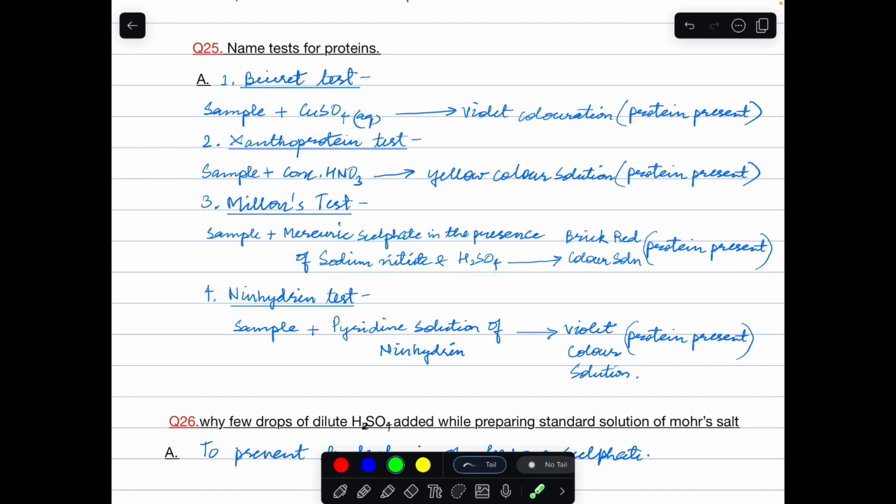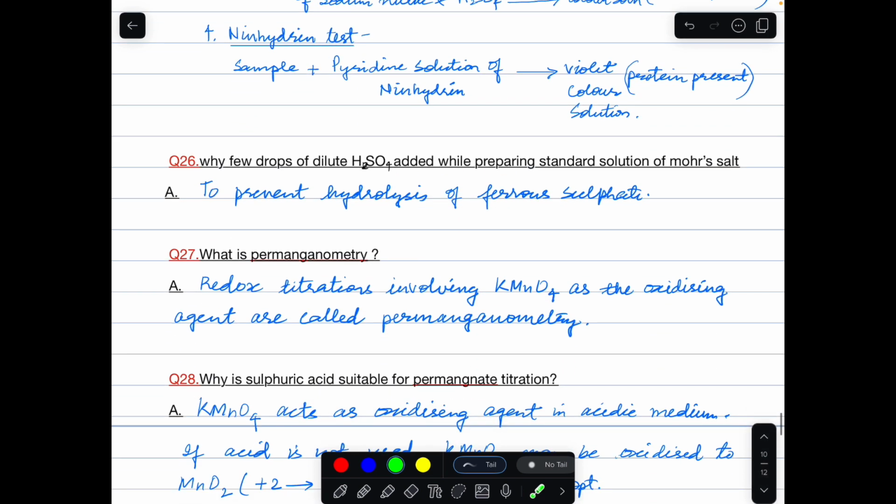You will get a brick red or bright red colored solution. Again, protein confirmed. Ninhydrin test, again sample solution, and you will add pyridine solution of ninhydrin. You will get a violet colored solution, again protein present. So four tests are done to check the presence of protein in the given sample.